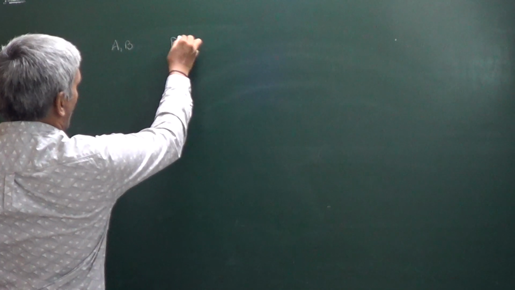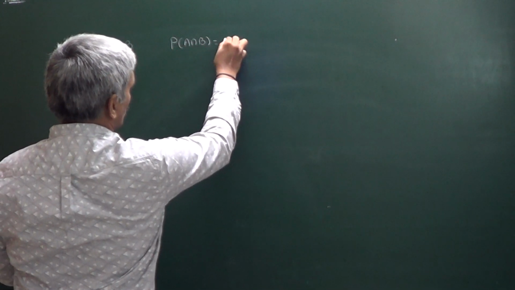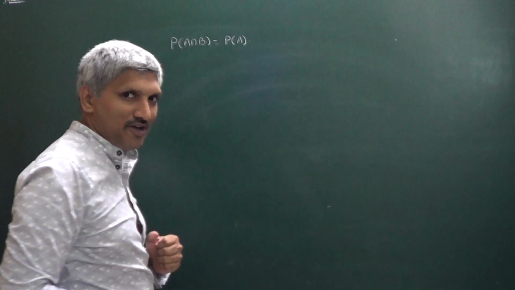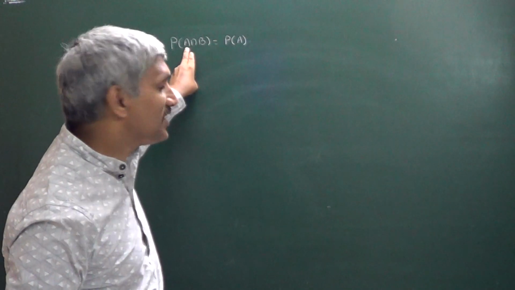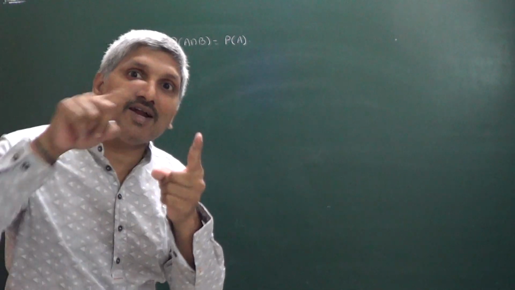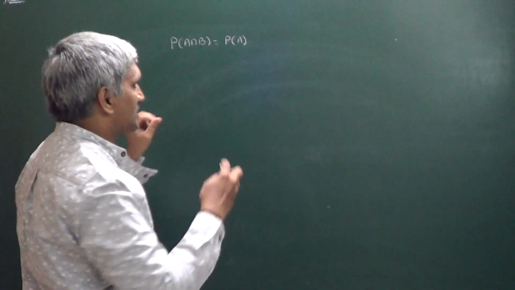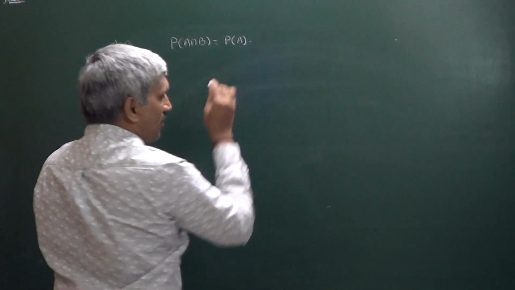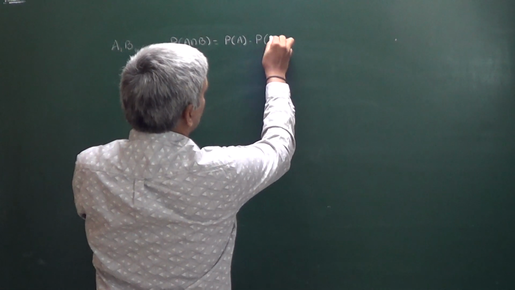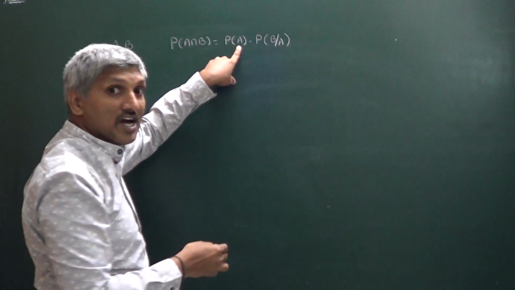Then P of A intersection B, the probability of simultaneous occurrence of A and B, is equal to the probability of occurrence of A into the probability of occurrence of B under the condition that A has already occurred.